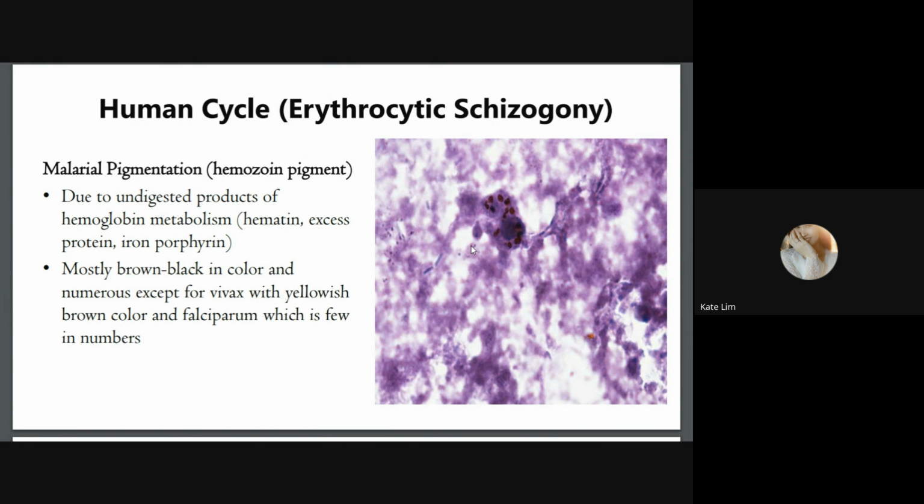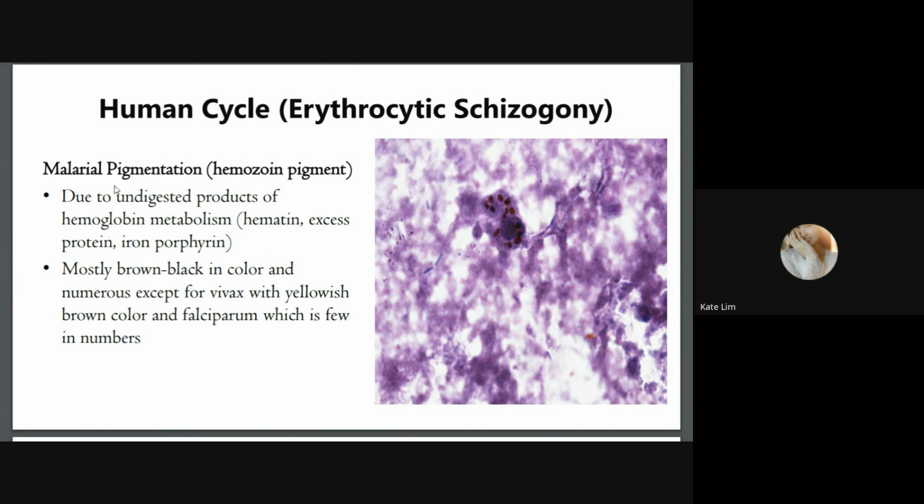But please remember that not all hemoglobin gets digested. We have the undigested hemoglobins, so not everything gets digested. Some byproducts of hemoglobin, like the hematin, the excess proteins, the iron porphyrin, don't get fully broken down. Instead, they accumulate inside the parasite and form a pigment. And that pigment is what we call the hemozoin.